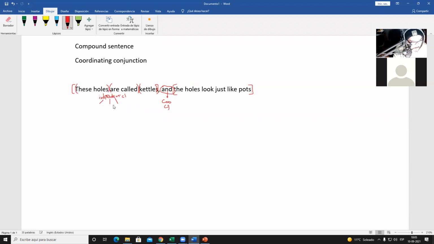The first one is these holes, which is the noun phrase subject, created by a determiner, premodifier, and then holes, the noun head. Then we have are called, which is the verb phrase, created by are, the auxiliary verb, premodifier, and the verb head called. Then kettles, which is a noun phrase object made out of the noun head. And that's it. On the other side, we have the very same thing.